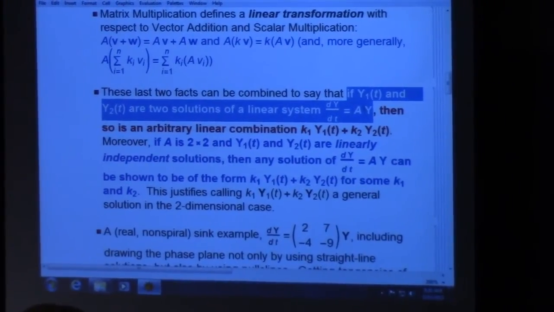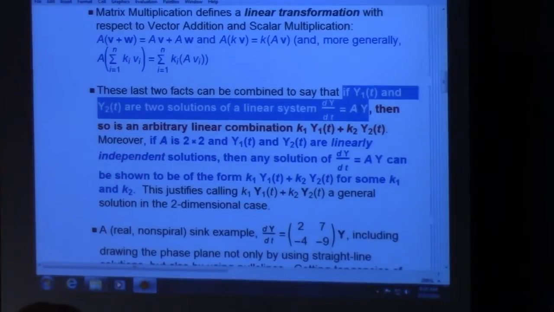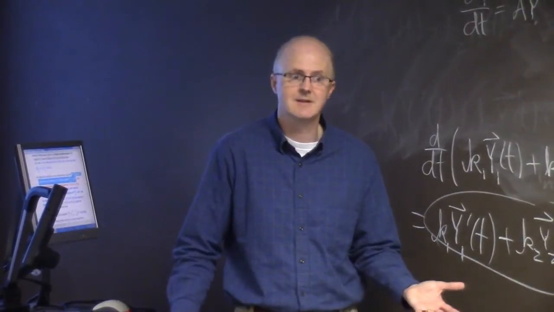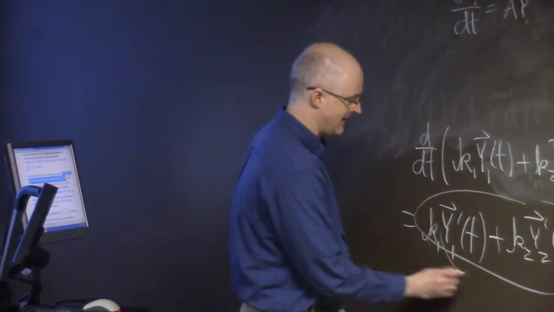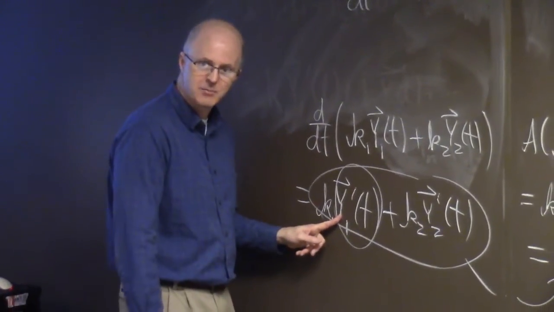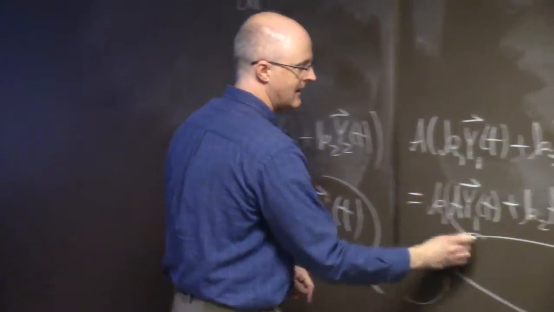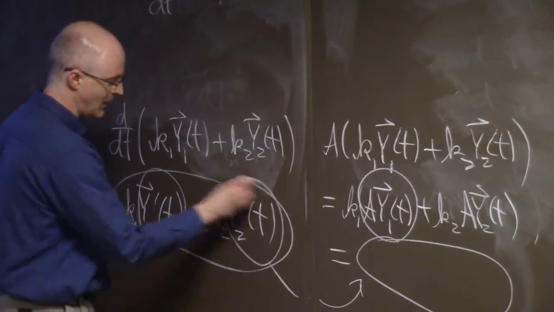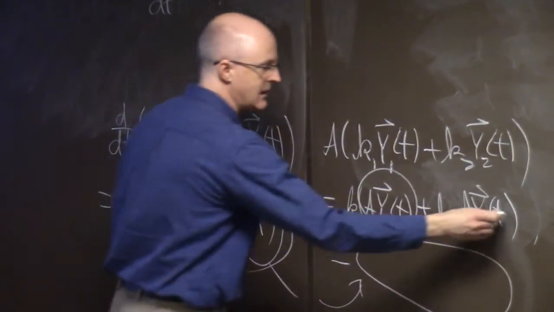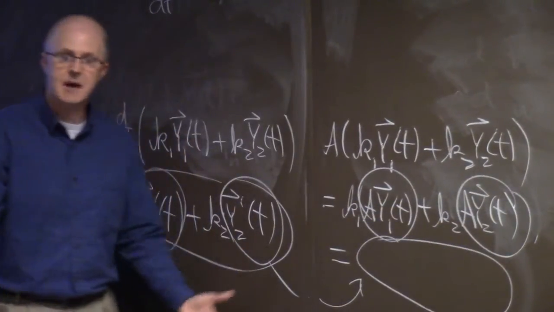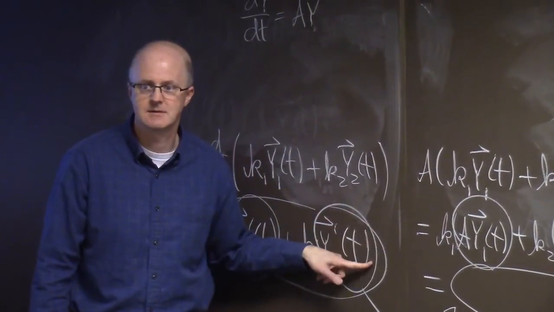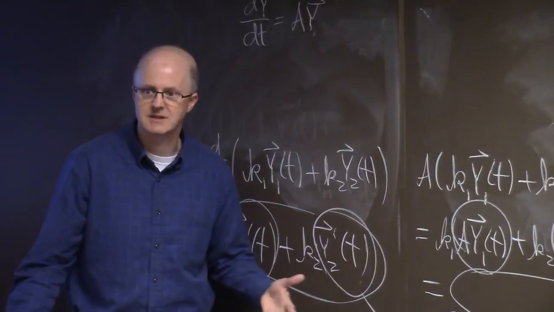You're assuming y1 and y2 are solutions. Therefore, when you plug them into the differential equation, left-hand side equals right-hand side for all t. So y1 prime of t equals that for all t, and y2 prime of t equals this for all t. The assumptions are the reason that we get the equality between these two things. So you should mention it based on the assumption.